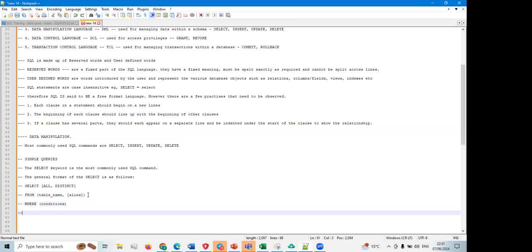The next is to group. And this is you group by column. So having run a query, having selected what you want to select, the table you want to select from, the conditions that need to be met for the selection to happen, how do you now want to group your results?